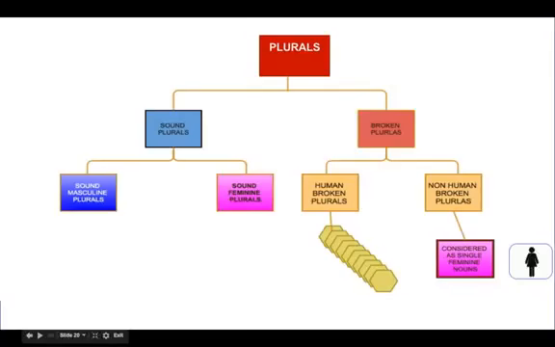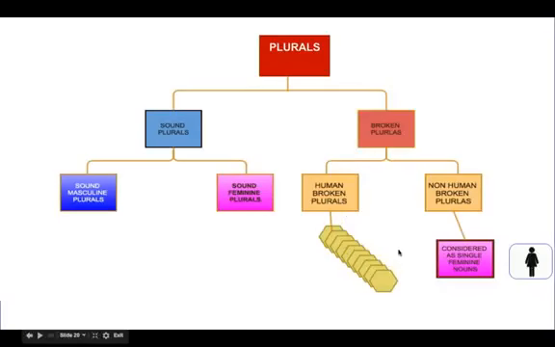So this is a table just to remember how the plurals are classified. We have sound plurals and broken plurals. In sound plurals we have sound masculine, which is jama' muzakkar salim, and jama' muannath salim. And broken plurals, where the words are broken, we have human broken plurals, which have different patterns like fu'alun, fi'alun, fu'ulun.